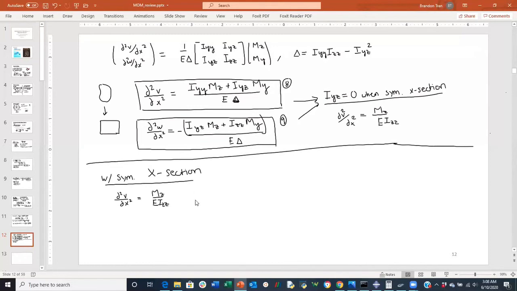And we know the following relationships because we derived this earlier, that the moment about z with respect to x is equal to, from the differential equations we established earlier, and we apply this in here, we yield the following.